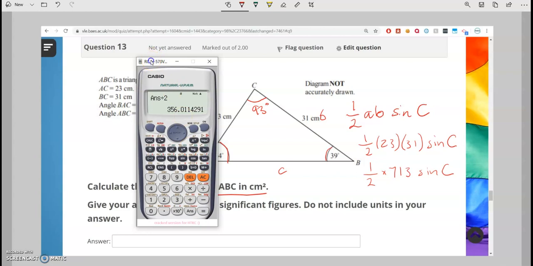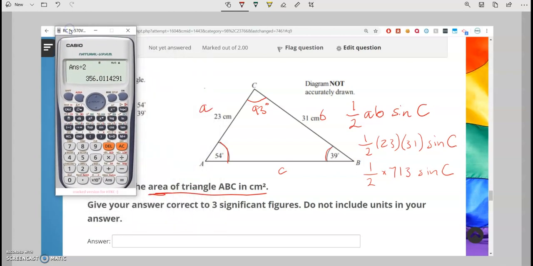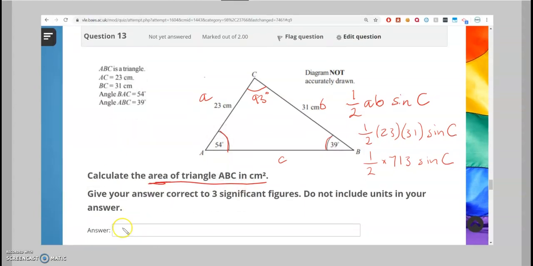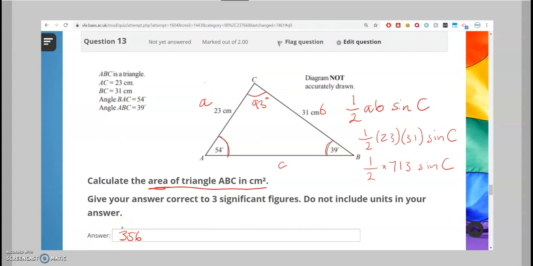So we've got 356.0114291, and we've got to write this correct to 3 significant figures. So the first 3 figures with the highest significance are 3, 5 and 6. This 0 here does not make this go up, so we're going to go 356.